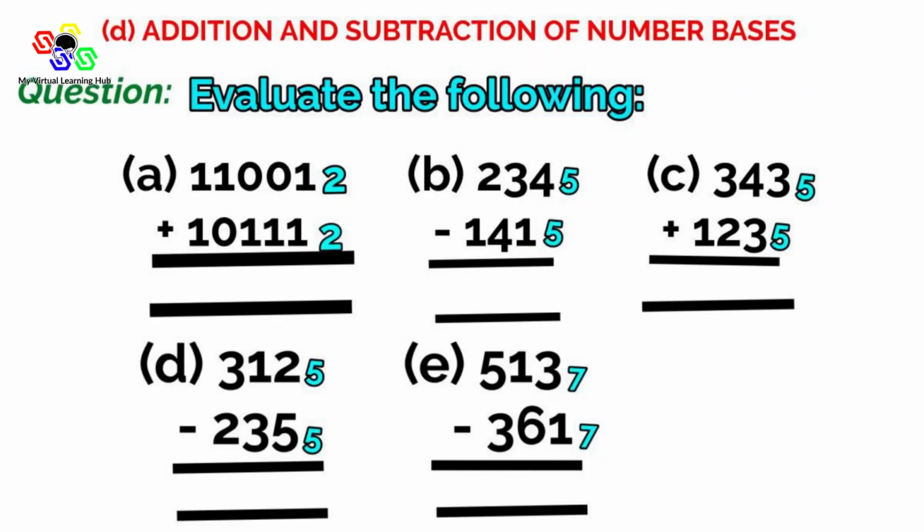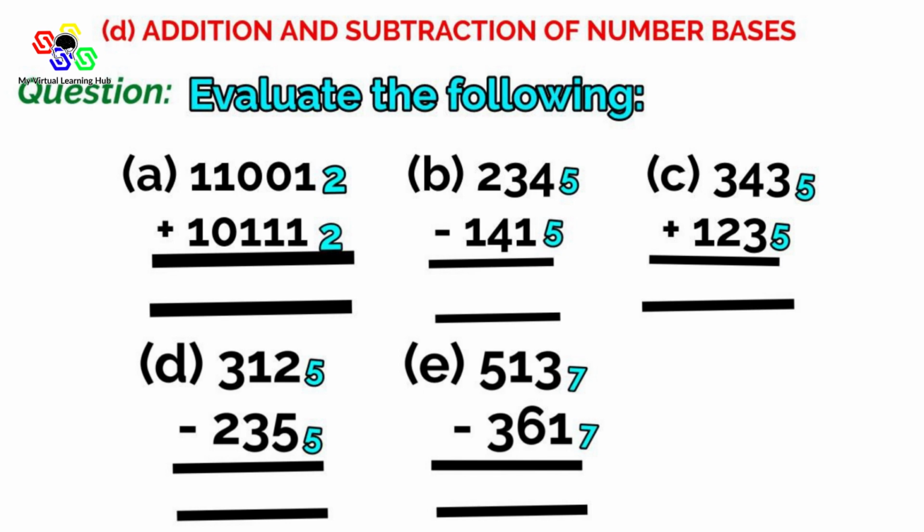These are the questions. Evaluate the following. A. 11001 base 2 plus 10111 base 2. B. 234 base 5 minus 141 base 5.